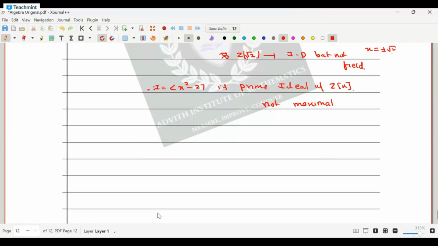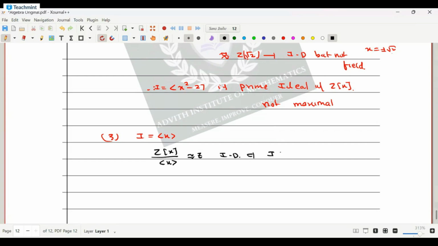What about 3, sir? I is equal to generated of x. We have already said that Z over x by generated of x is isomorphic to Z. We have already done problems on this in principal ideal domains. So therefore it is an integral domain, not a field.